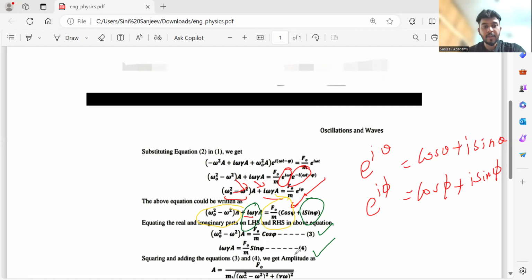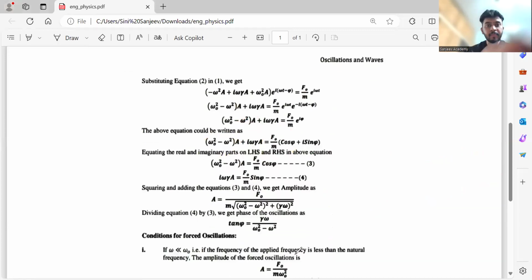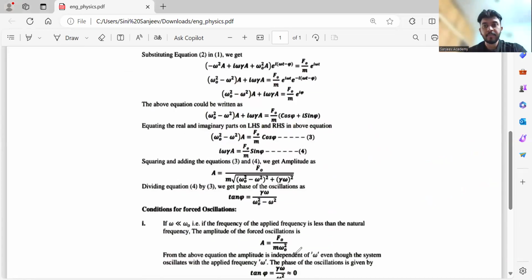So again, pause the video and write all of these things down. Once equation 3 and 4 are done, then what I have to do? Squaring and adding equation 3 and 4.